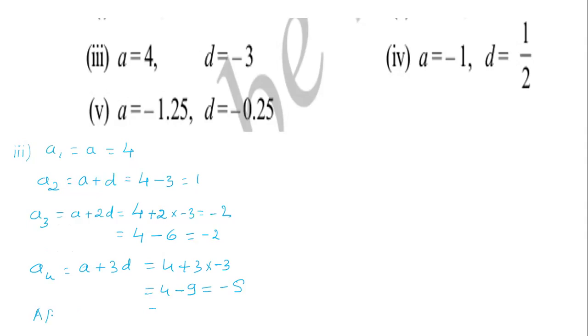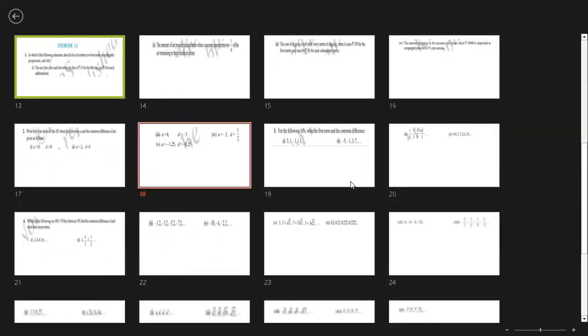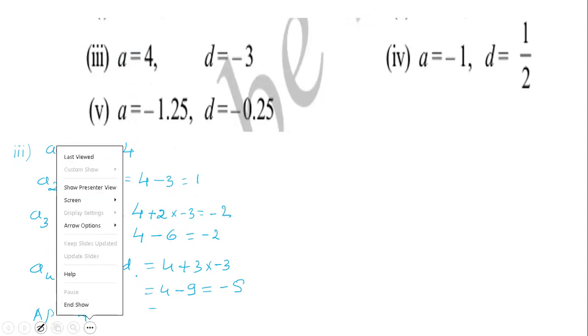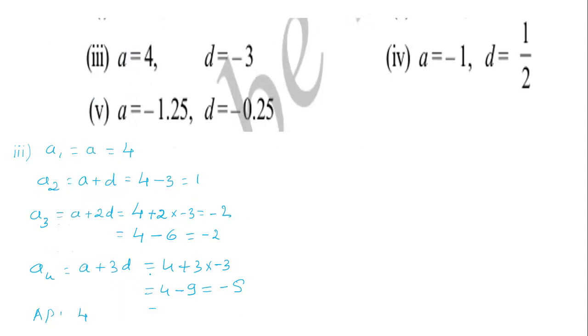The AP is 4, 1, minus 2, minus 5, and so on.